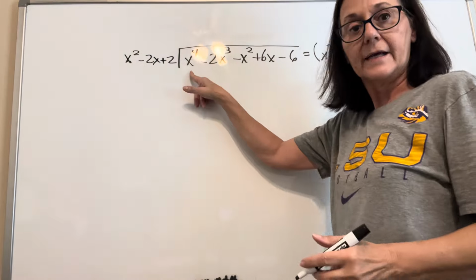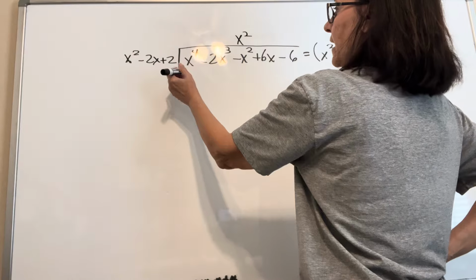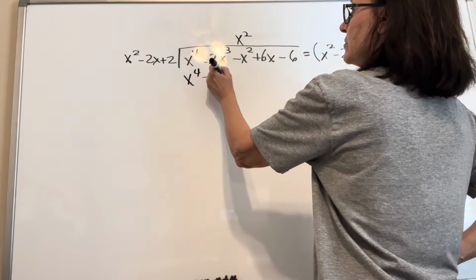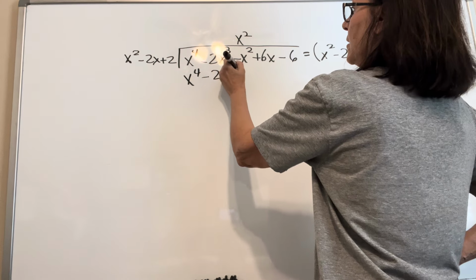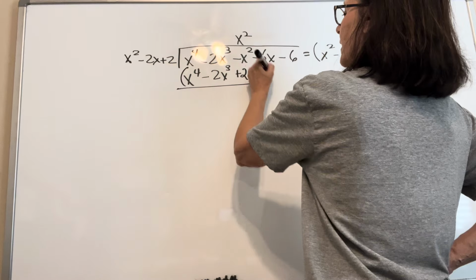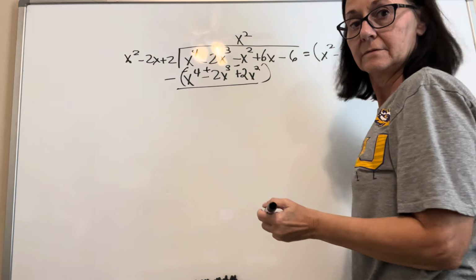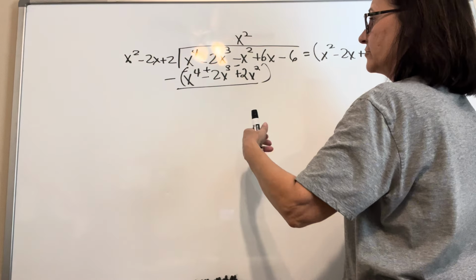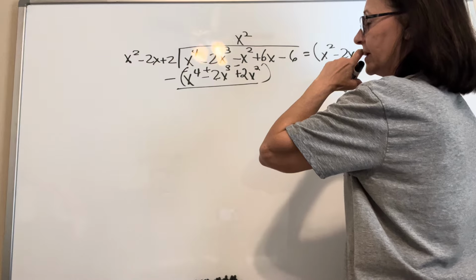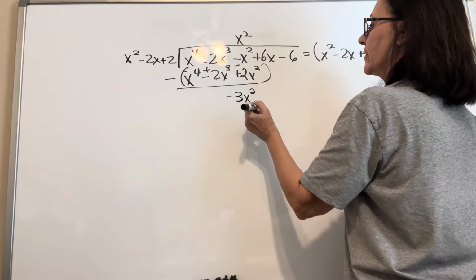All right, x to the 4th divided by x squared is x squared. Then I multiply: x to the 4th minus 2x cubed plus 2x squared. When I subtract, it changes all the signs because that negative has to be distributed. So my x to the 4th and my x cubed terms cancel out. I end up with negative 3x squared.